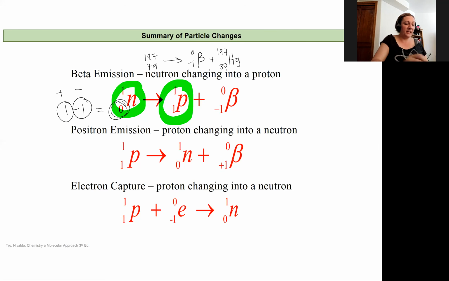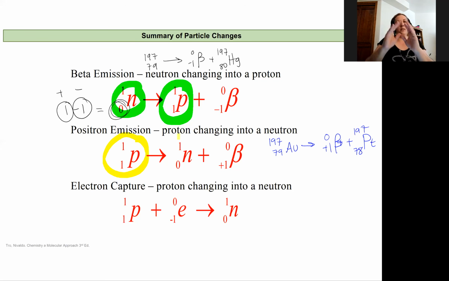So then looking at positron emission, this is when we saw our gold become platinum. I'll put it up here real quick. So in this case, what we're seeing is a proton is going to separate its mass and its charge, and it'll be a neutron.